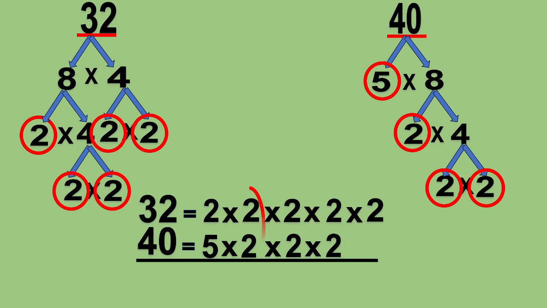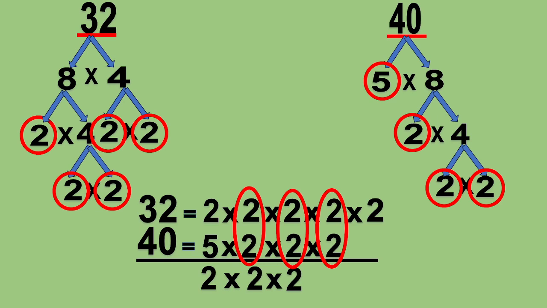We have 2 times 2 times 2. Then, multiply the common prime factors. 2 times 2 times 2 equals 8. So, the GCF or the greatest common factor is 8.